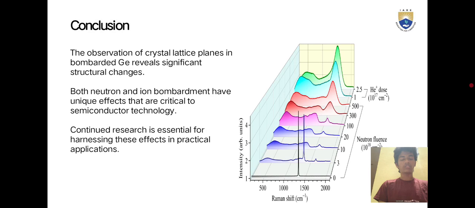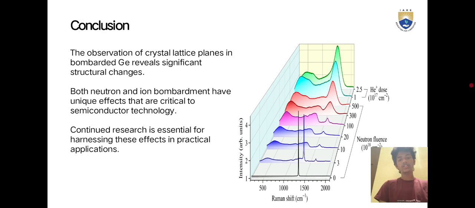And finally, the conclusion. We can see the graph which is growing straight up. The observation of crystal lattice planes in bombarded germanium reveals significant structural changes. Both neutron and ion bombardment have unique effects that are critical to semiconductor technology.